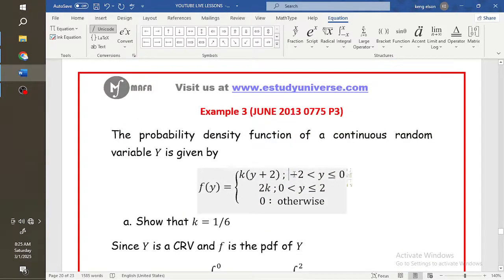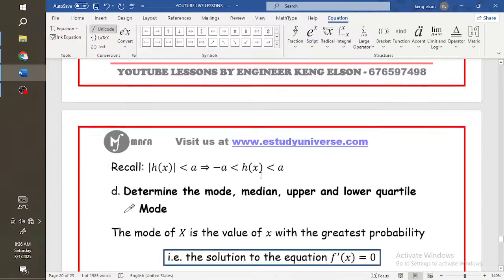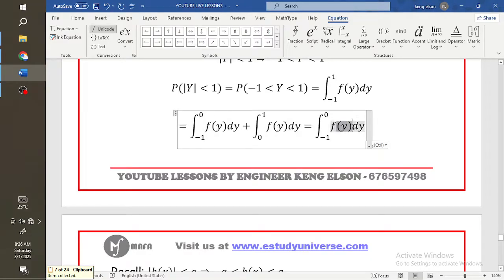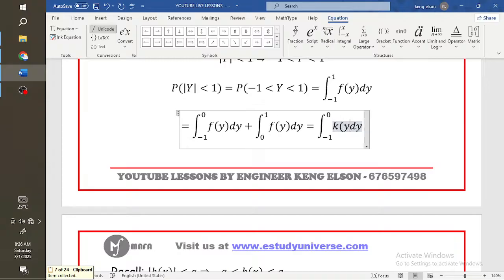You see that in the interval minus 2 to 0, f of y is equal to this. And since minus 1 to 0 is also inside here, it therefore means that the f of y we are going to use is k into y plus 2. So I'm just going to have here, let me just write integral from minus 1 to 0 of, in the place of that we need to have k into y plus 2.